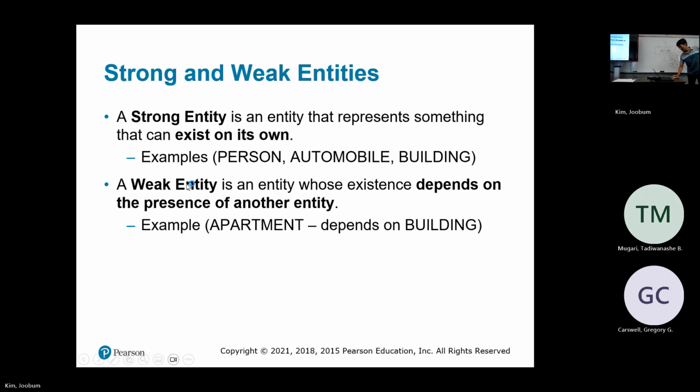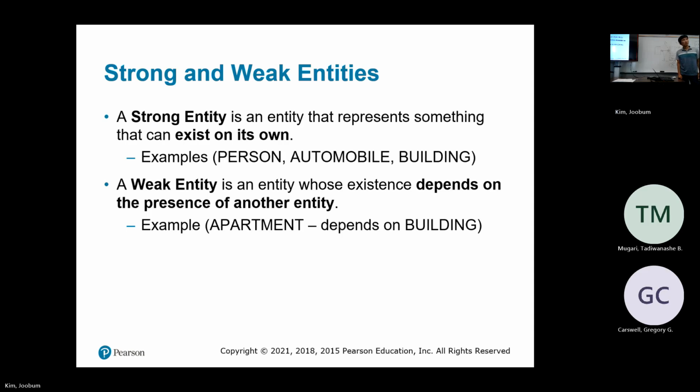And each building has several classrooms, 214, 219, 212, and so on and so on. So think about that. The building can exist without classrooms, but vice versa, can classrooms exist without the building?